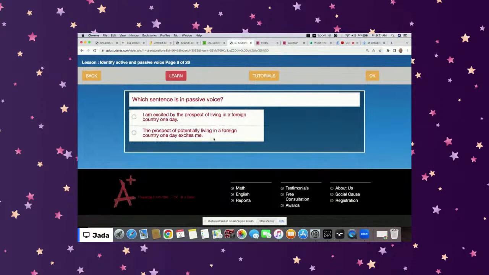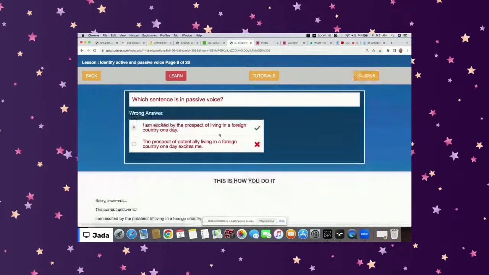The prospect of potentially living in a foreign country one day excites me. So, is it I am excited or the prospect? Let's go with the first one. I am excited by the prospect of living in a foreign country is the right answer.